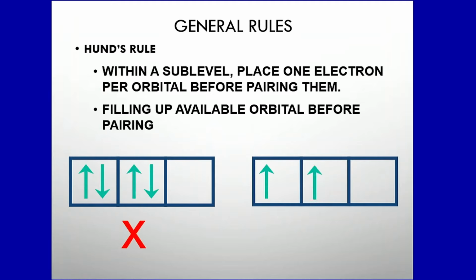So in the first 3 boxes, you see that there is a pairing of electrons, but there is still another vacant box for the 4th electron. And in the second 3 boxes, we fill in the available orbitals, then we pair. That should be it.